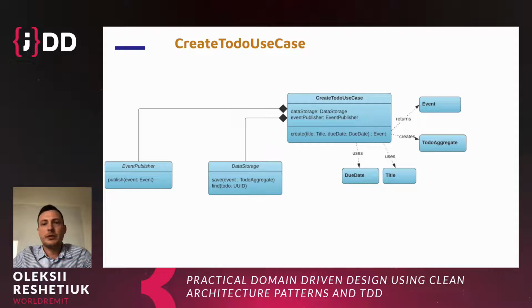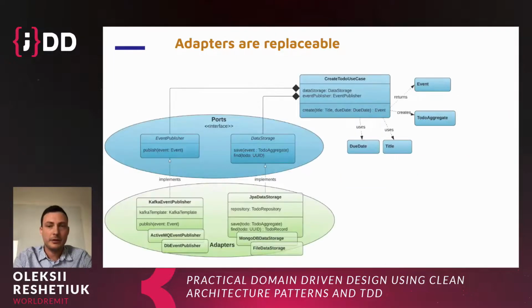First of all, we see the create method that accepts as parameters domain objects such as title, due date, and it returns the domain event that we got from the to-do aggregate. It also has this data storage interface and event publisher. And I want to highlight that it's still the domain layer. That's why only domain structures are allowed here.